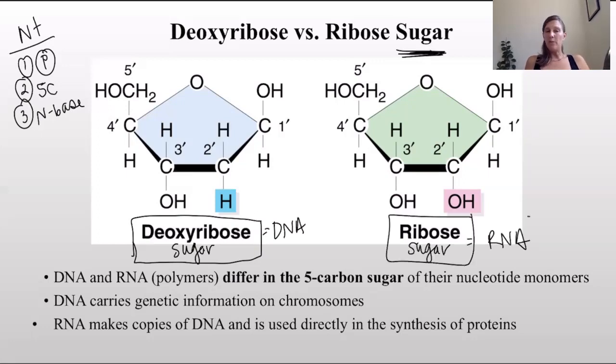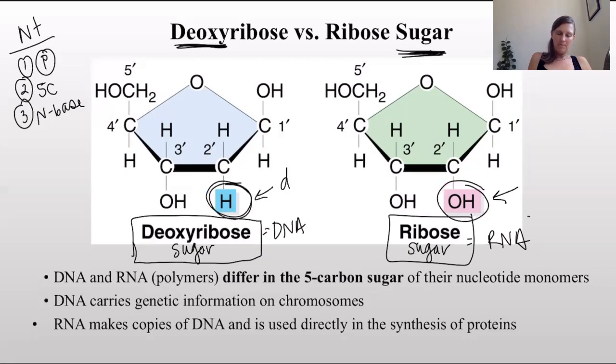And if you look at the 5-carbon sugar, there's an easy way to tell whether it's deoxyribose or ribose. It happens to be right in the name, deoxyribose. Usually you have a hydroxyl group. However, with the deoxy, you're missing one of those oxygens, right?